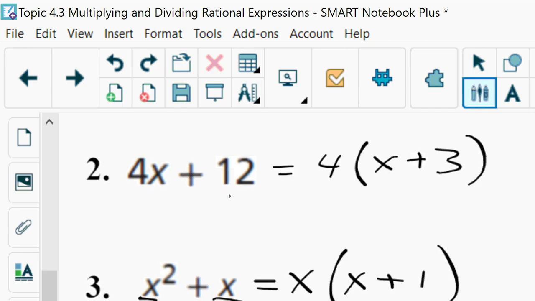Now, there's another way to do this. This is a special type of binomial called difference of squares. It's in the form a squared minus b squared. It's a fact that this factors out to be a plus b, a minus b.